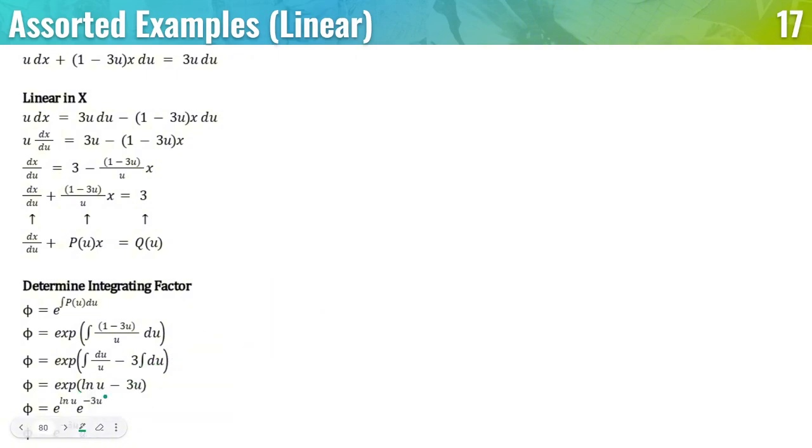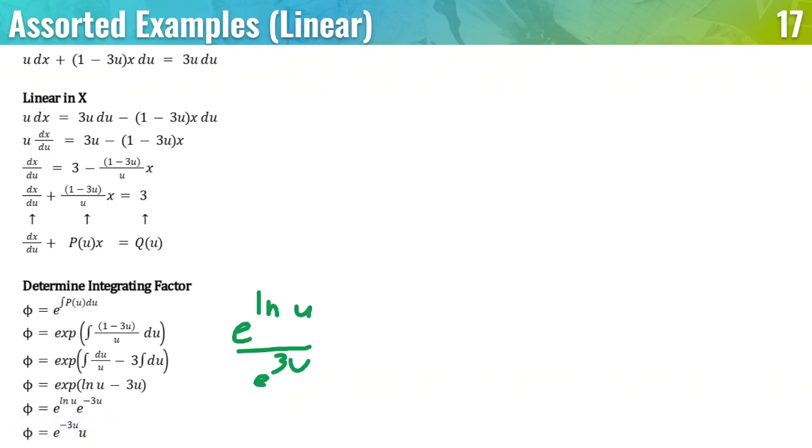Next, you can separate this into two Euler's numbers. So you can get e raised to ln u times e raised to negative 3u, or if you prefer, e^(ln u) over e raised to 3u.